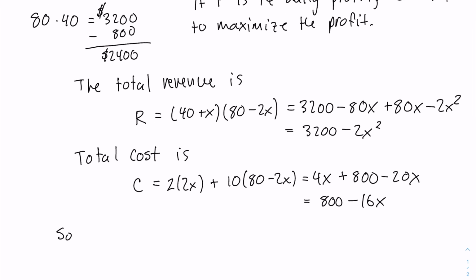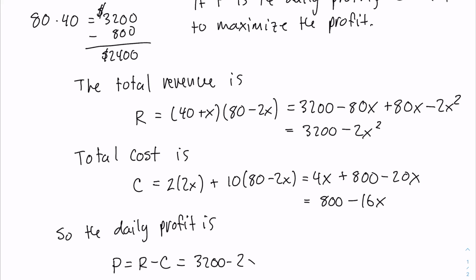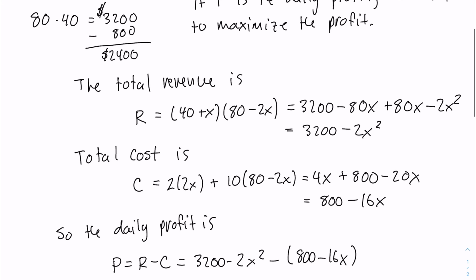So the daily profit is, and of course profit is the total revenue minus the total cost, which in our case is going to equal 3,200 minus 2X squared, which is the total revenue, minus the total cost, which is 800 minus 16X. Don't forget your brackets.